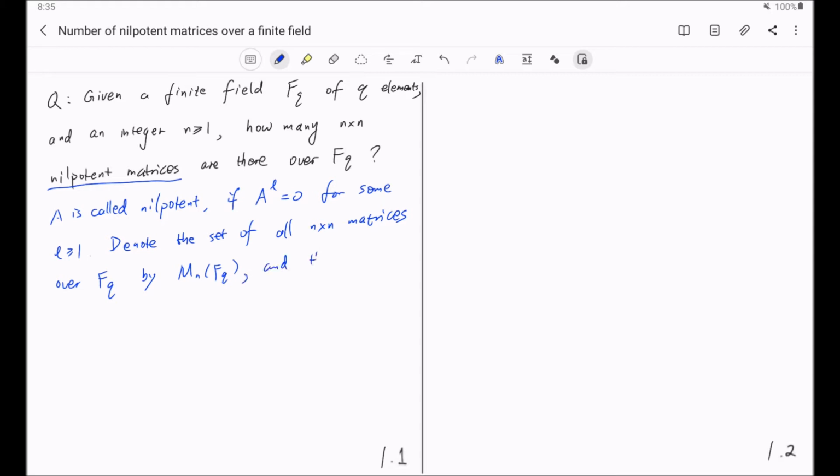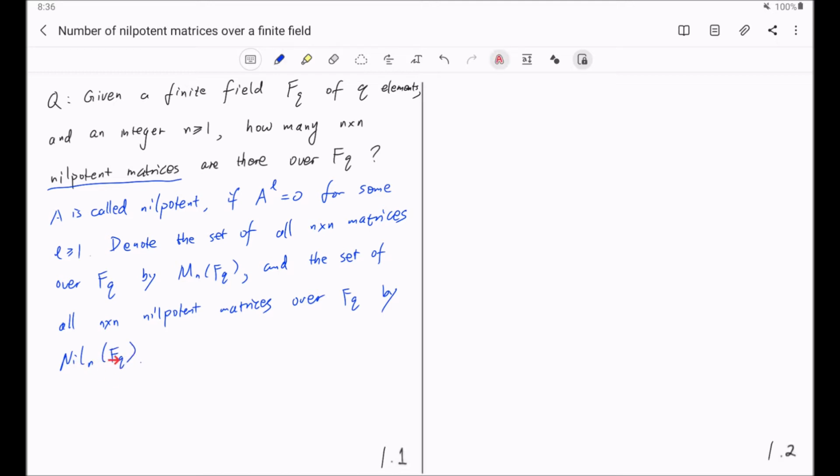And the set of all n by n nilpotent matrices over F_q by Nil sub n of F_q.